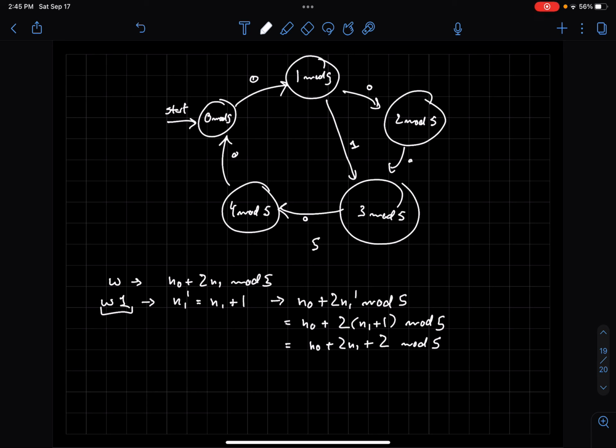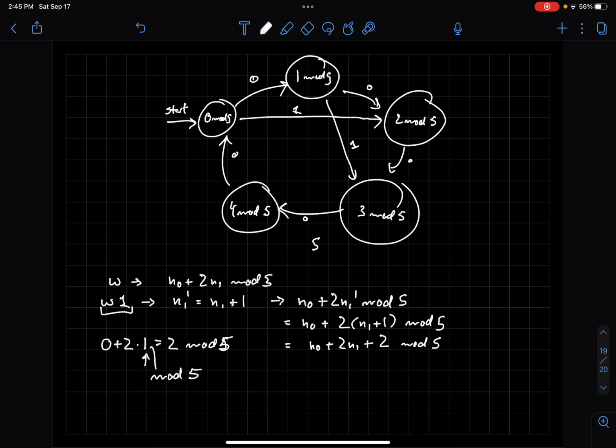Suppose my string is empty, and then I read a 1. Then I'll have 0 plus 2 times 1, because I just read my first one. So that's 2 mod 5. So from 0 mod 5, if I read a 1, I go to 2 mod 5.